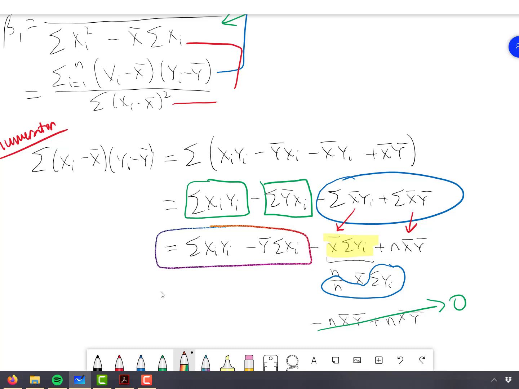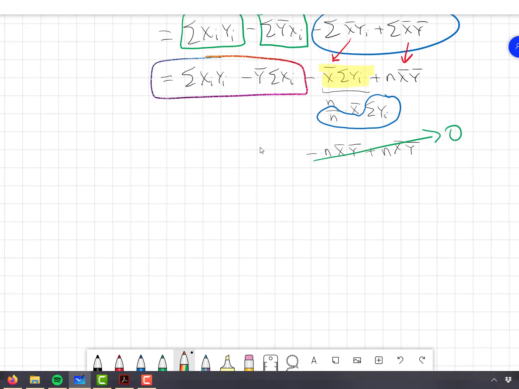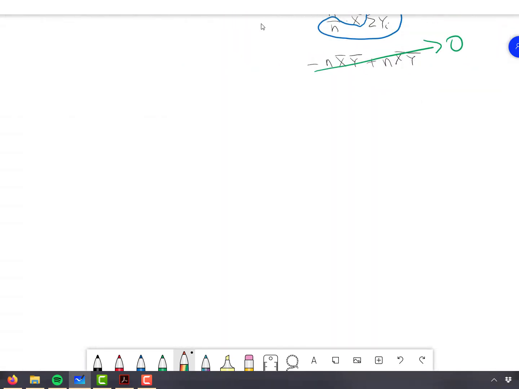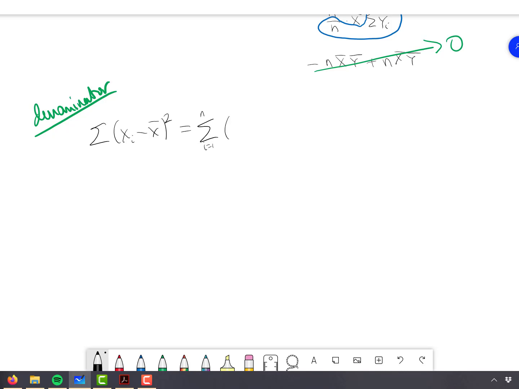Let's take a quick look at the denominator. And I'll scroll down and get us some more whiteboard space to work with. So in this case, we want to focus a little more on that denominator. And so here, working backwards, we have something a little maybe different or trickier to work with, but what we had above there in our nicer format is the sum of xi minus x bar squared. So again, we can actually square this term and see what we get. And we have that sum i equals 1 to n.